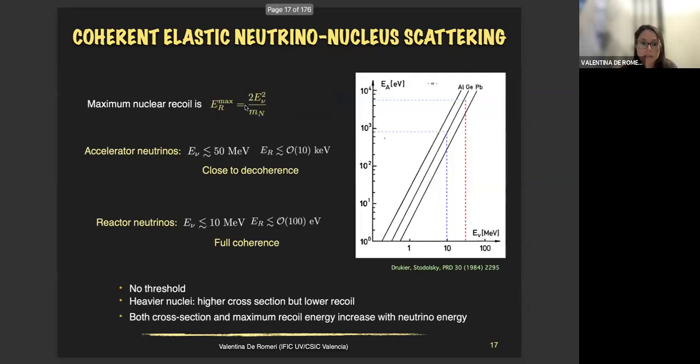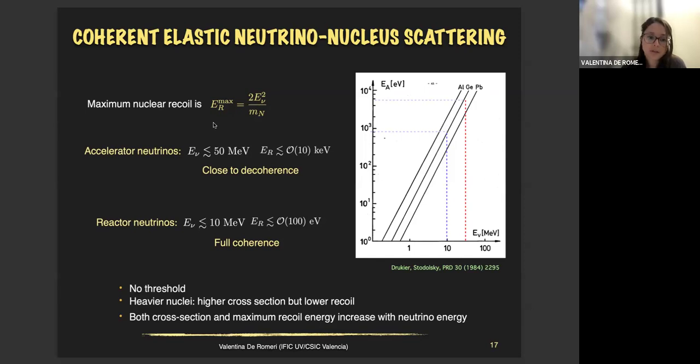We can also estimate the maximum nuclear recoil that is expected in this process, and this was done already in this paper from the 80s, for instance. And this recoil energy depends, of course, on the energy of the incoming neutrino and on the mass of the nucleus, so on the target material.